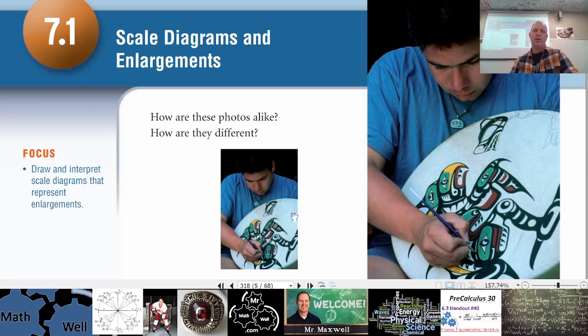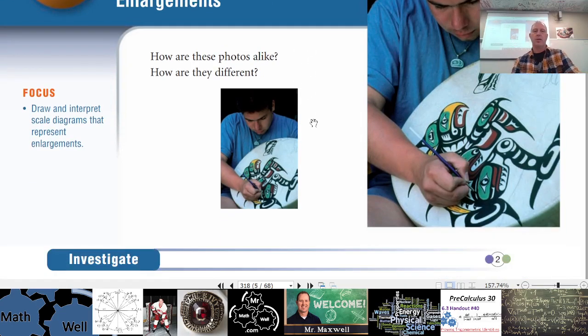So is this man's hand, and his head, and this little pennant. Everything is bigger by the same proportion, or the same scale. These are the exact same representations, but one is bigger than the other. We call that a scale diagram, or an enlargement if it's getting bigger, or a reduction if it's getting smaller. Close that door behind you too.